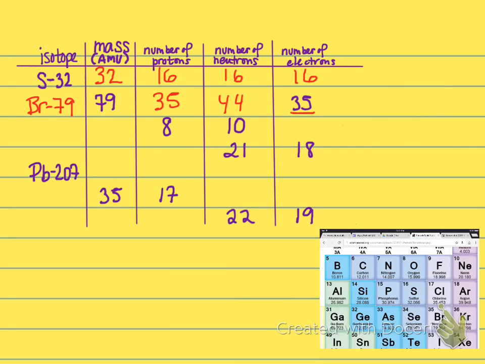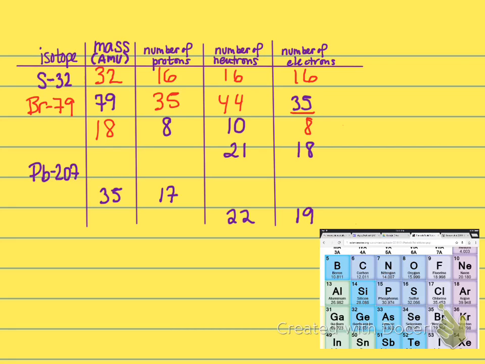Okay, if we look at our third example, you're given the number of protons and the number of neutrons, but no mass number, no symbol, no number of electrons. Let's work through our process of deduction again. We know that in a neutral atom, protons and electrons are always equal, so it's easy to fill this column in. And we know that mass is equal to the number of protons plus the number of neutrons, so we can fill in the mass column pretty easily.